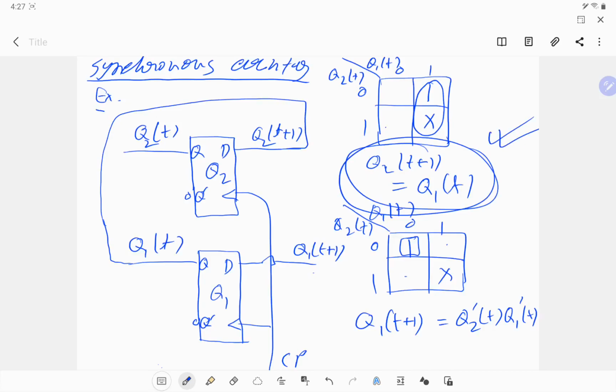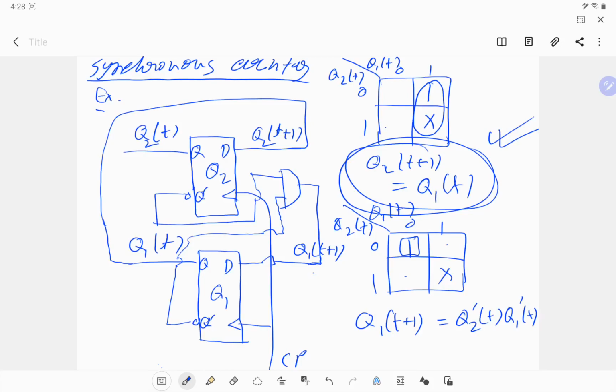For the second equation, we need an AND gate for Q1. The first input is Q2 prime, which we can bring from here. The second input is Q1 prime. So you got the AND gate, and now we provide this as input to the flip-flop.